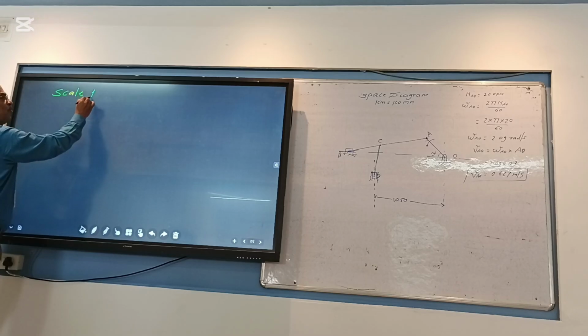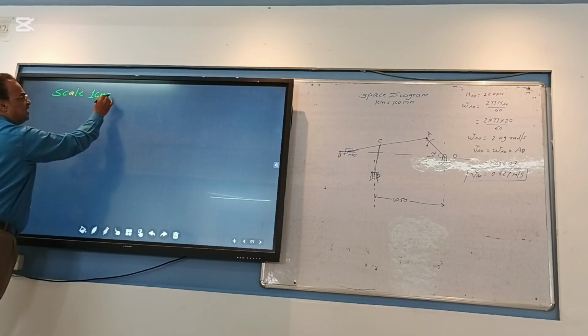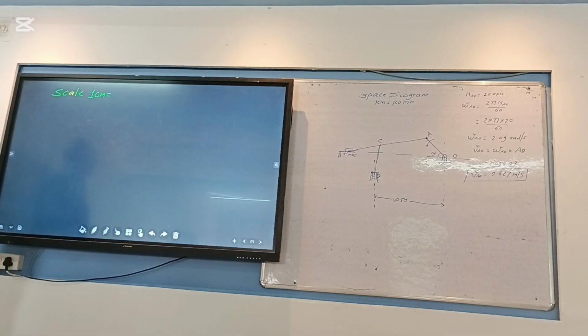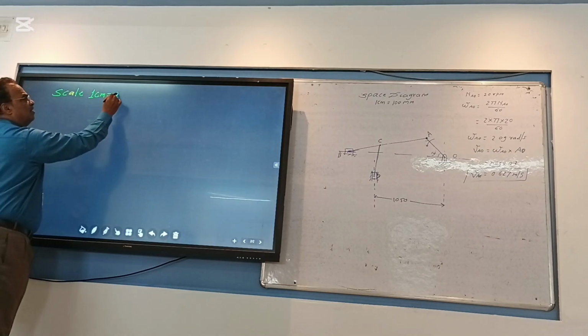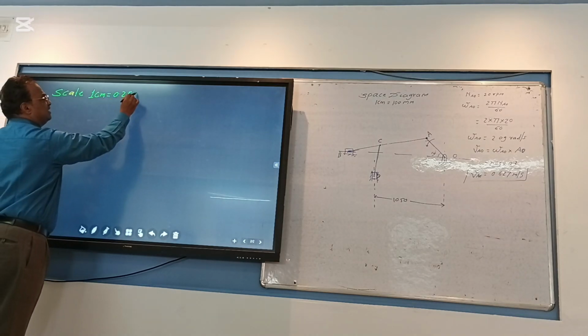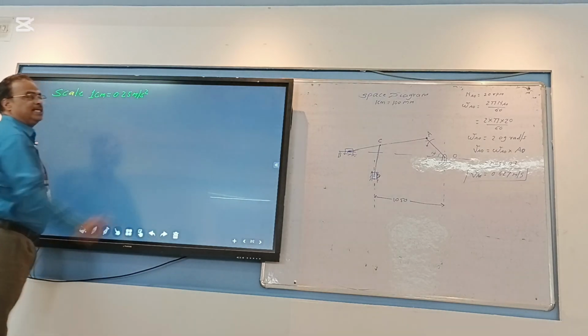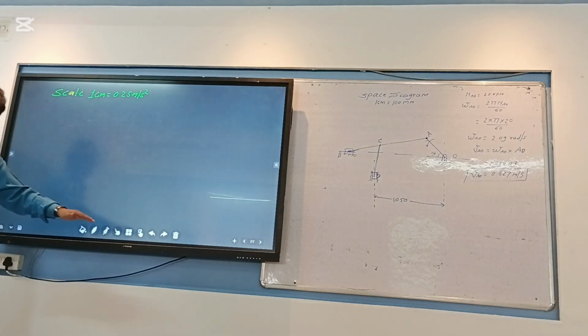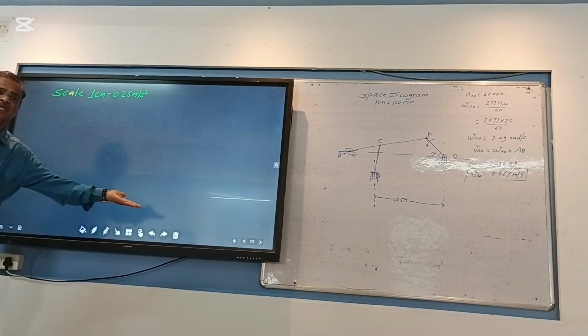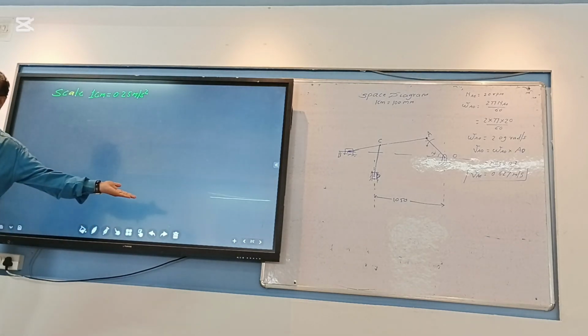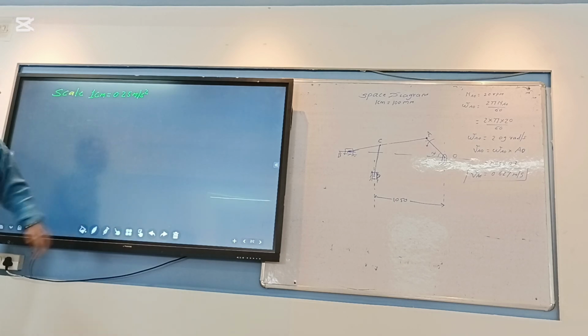So my scale for the acceleration diagram is 1 centimeter equal to कितना लो? 0.25 meter per second square. This will be the scale. How have I selected? By observing the previous acceleration table. Yes or no? So I have selected the acceleration diagram polygon scale.